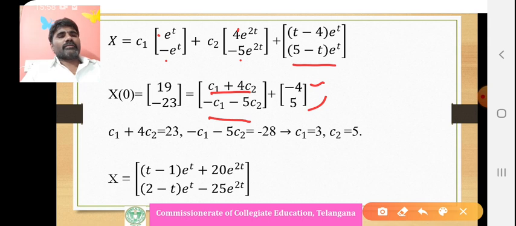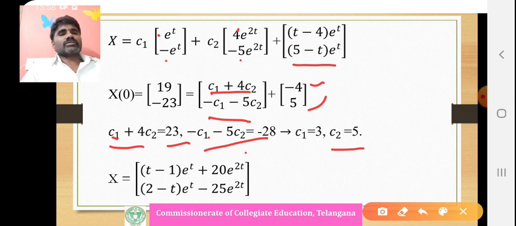Moving minus 4 to the left-hand side, c1 plus 4c2 is 23, and moving 5 to the left-hand side, minus c1 minus 5c2 equals minus 28. By solving these two, simply adding them, c1 is cancelled, and minus c2 equals minus 5. That's why c2 equals 5. Then substituting c2 equals 5, c1 becomes 3.